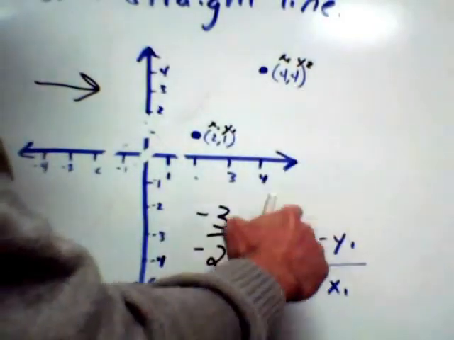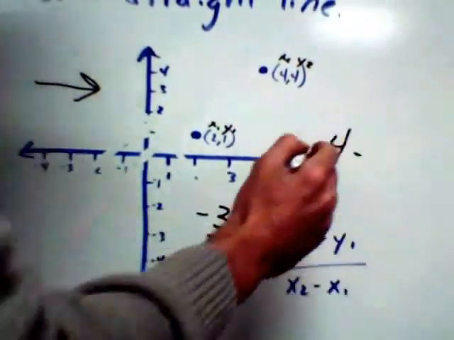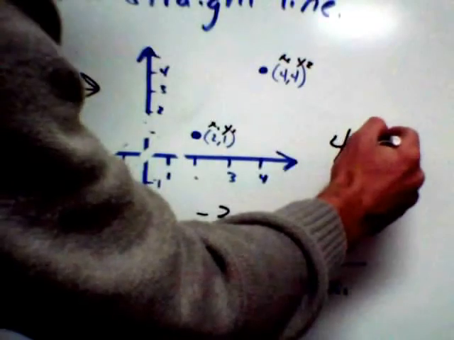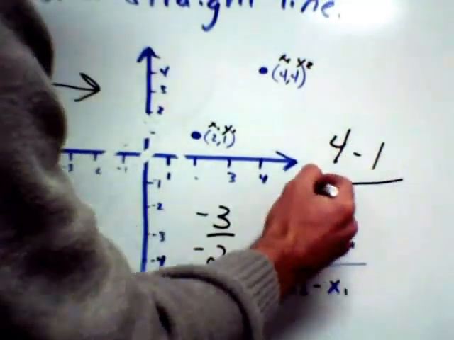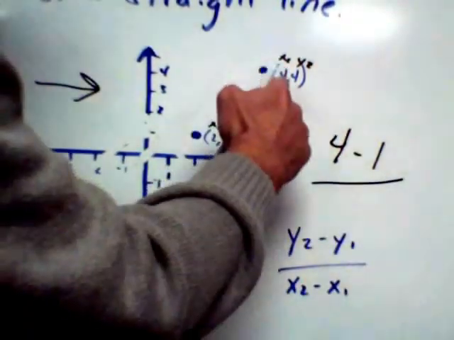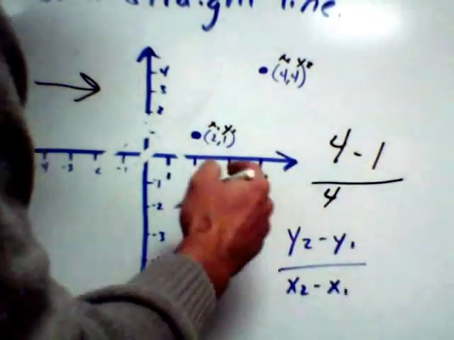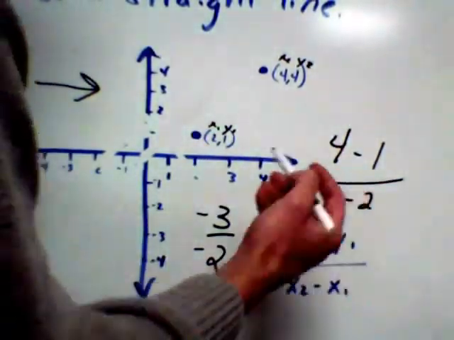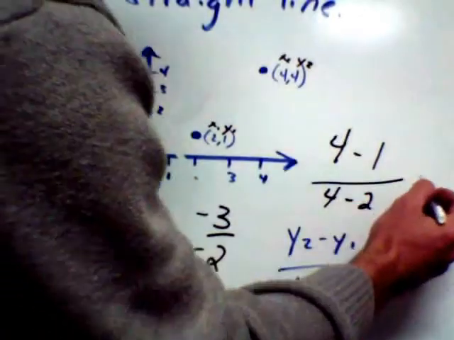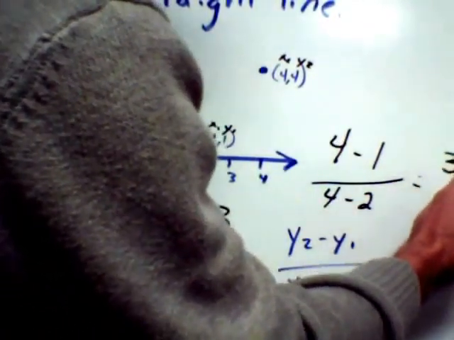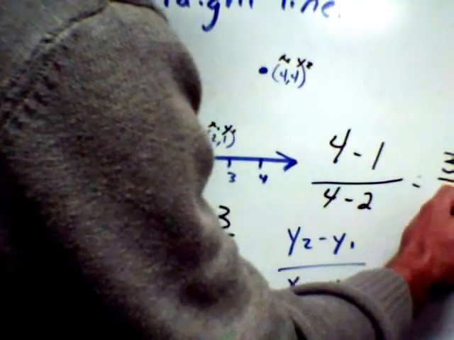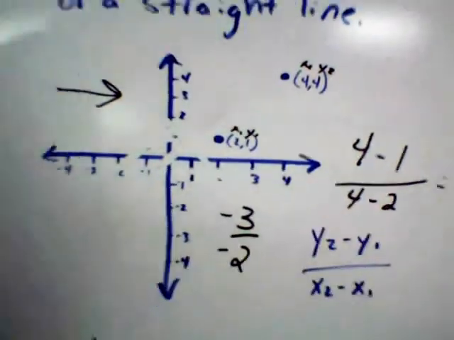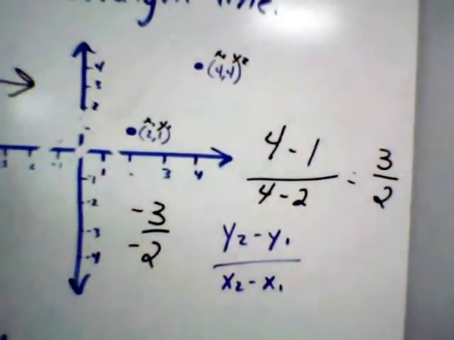I'm going to set this up. y2, which is 4, minus y1, which is 1, over x2, which is 4, minus x1, which is 2. If I perform that calculation, I get a slope of 3 over 2. Alright, that's how that is calculated.